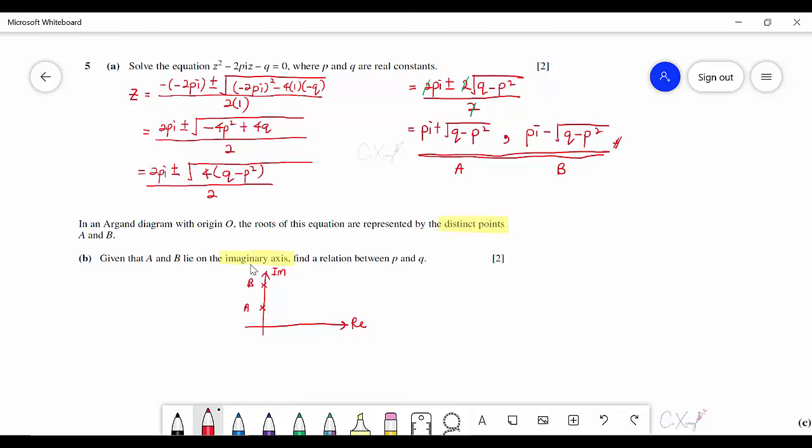Which means that the coordinate for A and also the coordinate for B should be something like 0 and then a, and also 0 with b, because they belong to the y-axis. Sorry, I should write it as (0, a) and (0, b).